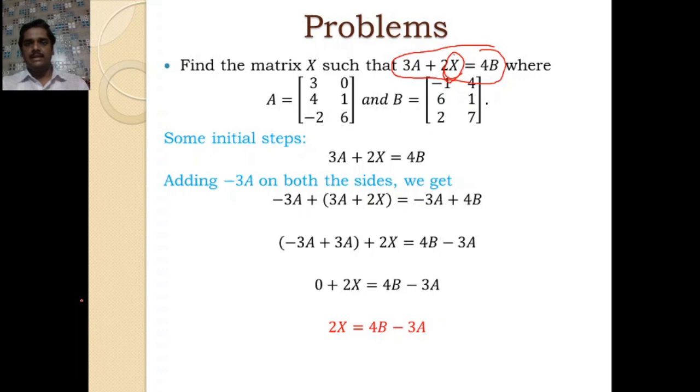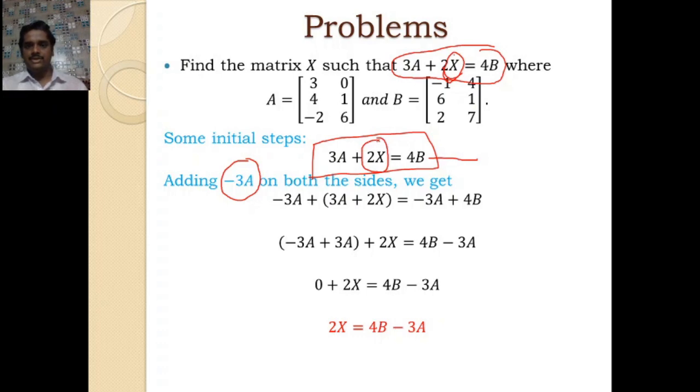So first of all, the line number 1 which you see here is nothing but given to you. And what we need to do here, we have to add minus 3a on both sides. Why add minus 3a to both sides? Because if you observe this equation, 3a plus 2x is equals to 4b, and we have to get this x.